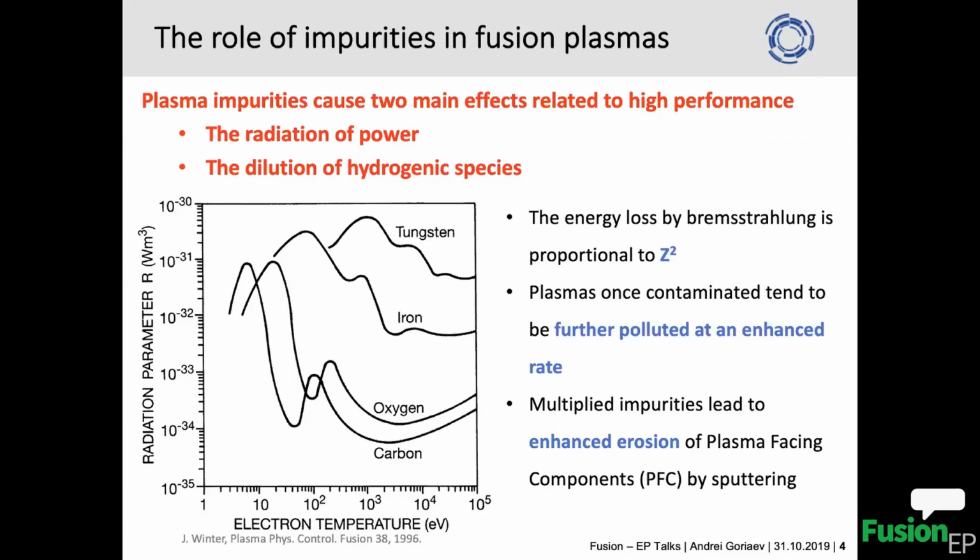And I will come back to the second bullet of the two main effects related to high performance: the dilution of hydrogenic species. I didn't put any formula here, but I think we know that we have density limits for tokamaks and for stellarators. I'm not going to go deep into details about different density limits, and of course, density limits depend on the heating scheme and so on. But the point is, we have a density limit.